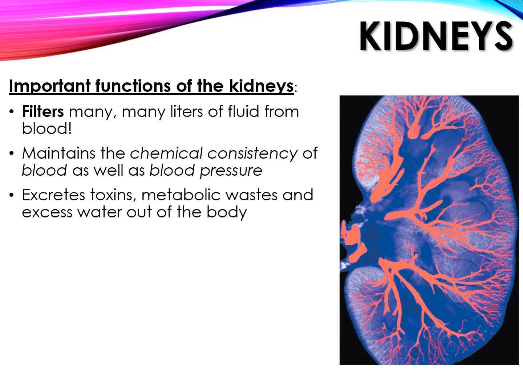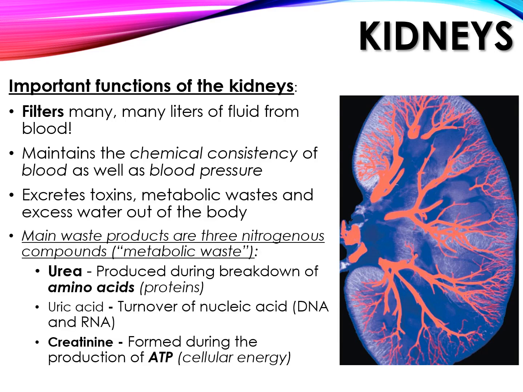So what are these different toxins, or metabolic wastes, I should say, that are produced by the body? Like I said, these are produced by pretty much all the cells in the body when they undergo metabolism. So urea is going to be produced when we break down proteins.